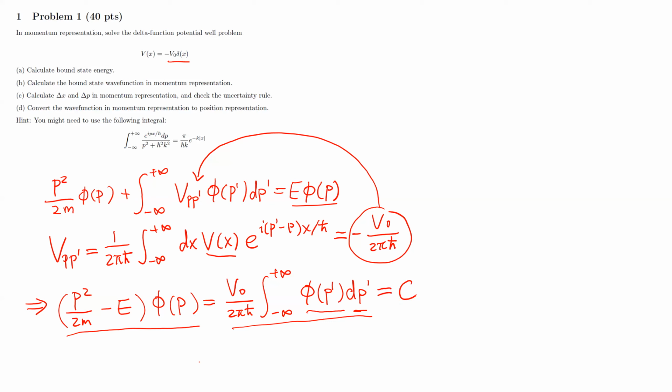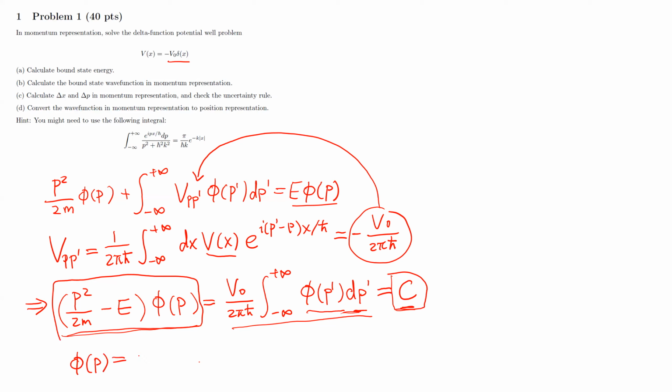This constant should be a P-independent constant. We say that this C is independent of P because all the P information is already integrated in this integral. So if we compare these two, we jump over the difficult part of this integral. With only the left-hand side and the right-hand side here, it's very easy, and we can solve for phi(P).